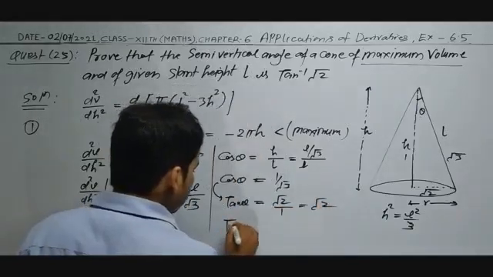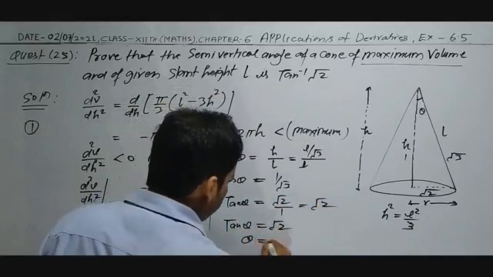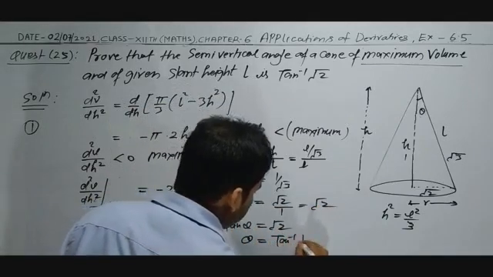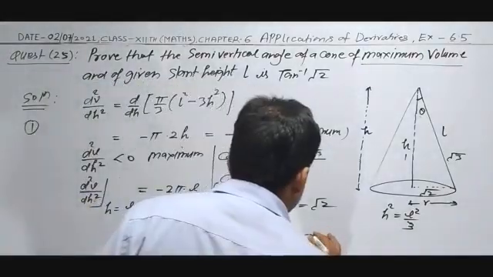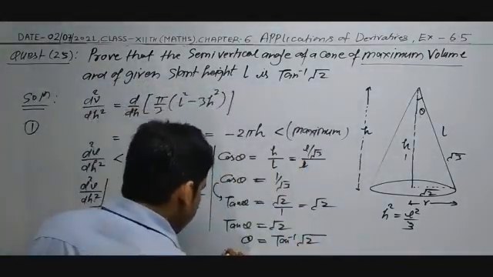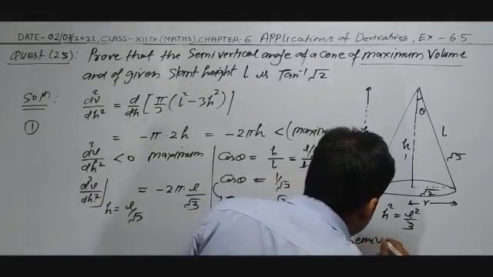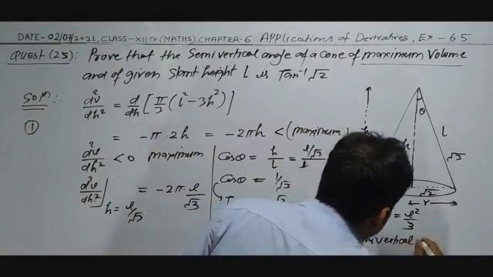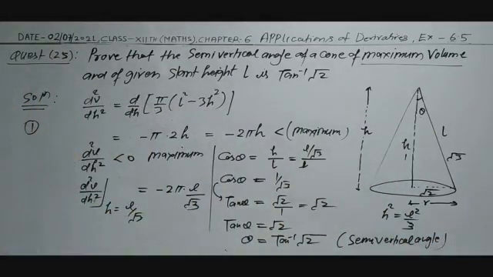This implies tan theta is equal to root 2. This implies theta is equal to tan inverse root 2, and theta is the semi-vertical angle. So hence proved.